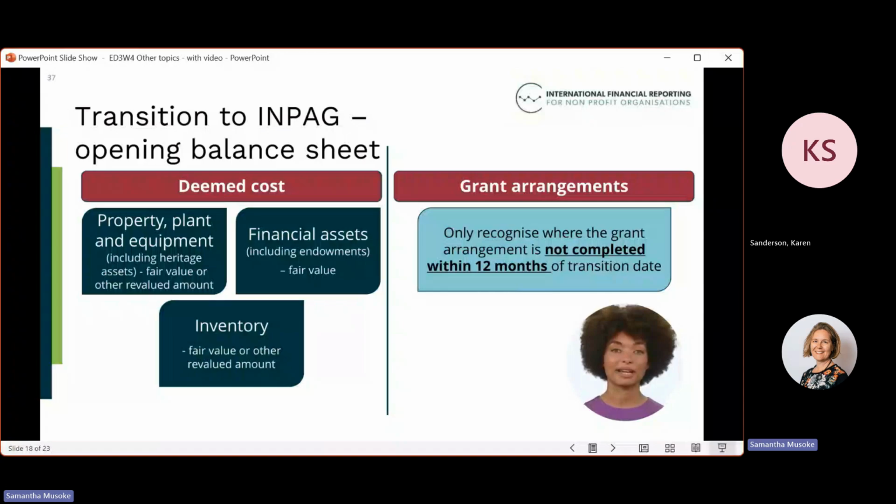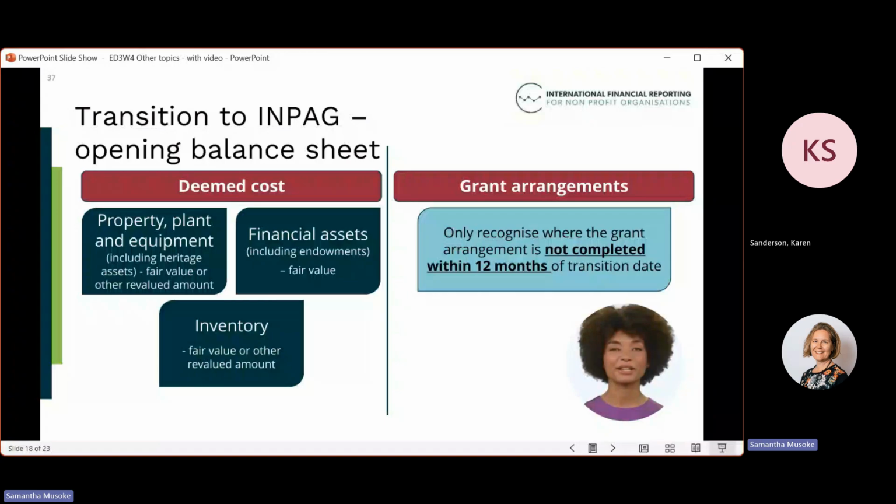So if an NPO has a transition date of the 1st of January 2026, and it has a grant arrangement that is due to be completed in that year, this grant arrangement does not have to be reflected in the balance sheet. Only grant arrangements that are due to complete after the 31st of December 2026 need to be reflected. This applies to all grant arrangements, as they impact assets, liabilities, and fund balances.